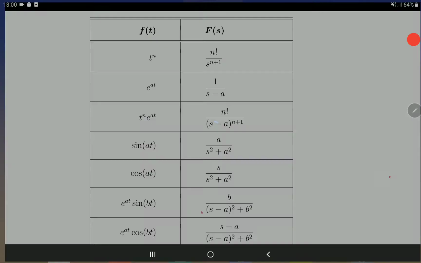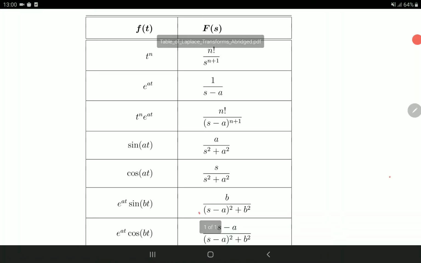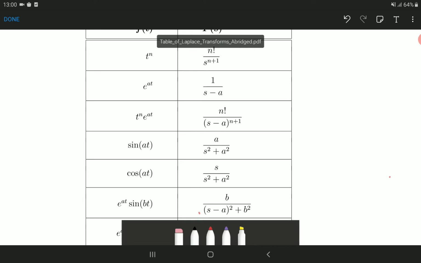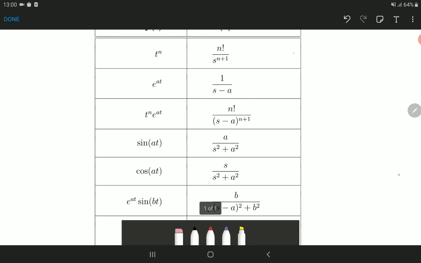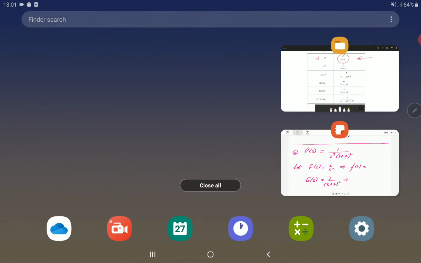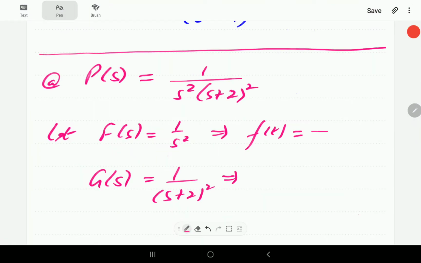So f(t) is going to be, from this line, if this is 1 over s squared, it means that our n is equal to 1. So this side, we're just going to have t. So going back to this side, f(t) is just equal to t.